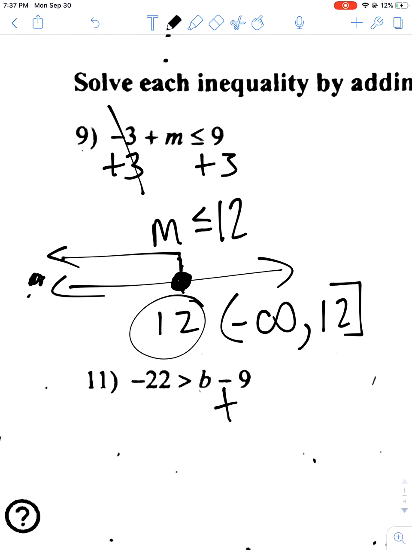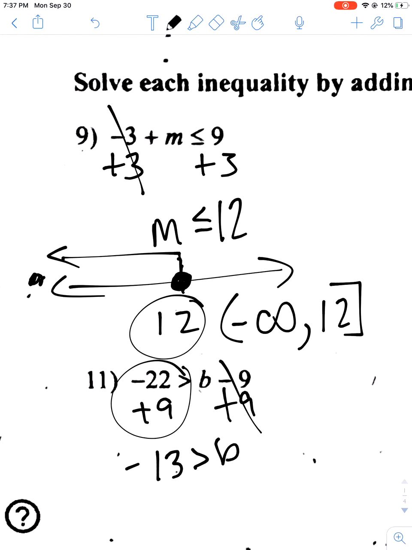Number 11. Add 9. Add 9. Opposite signs, so we subtract. 22 minus 9 is 13, but the 22 is bigger and it was negative. Now let's graph that. Negative 13, open, no line underneath. And it says negative 13 is bigger than b.